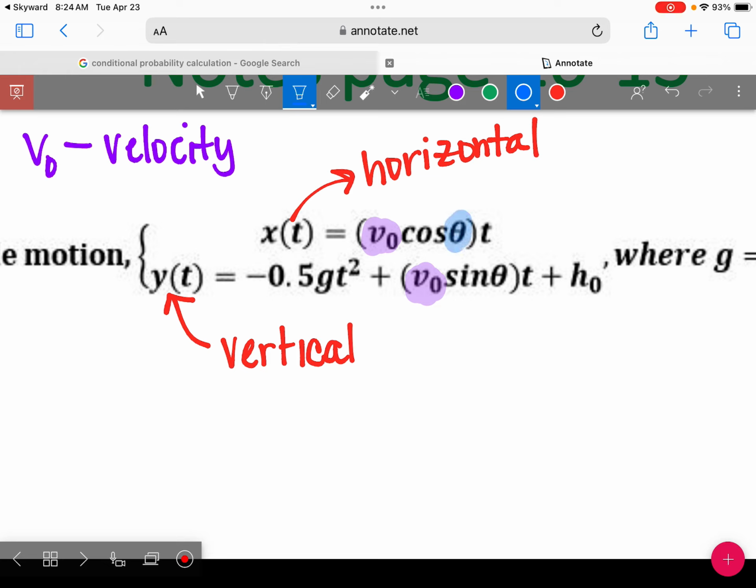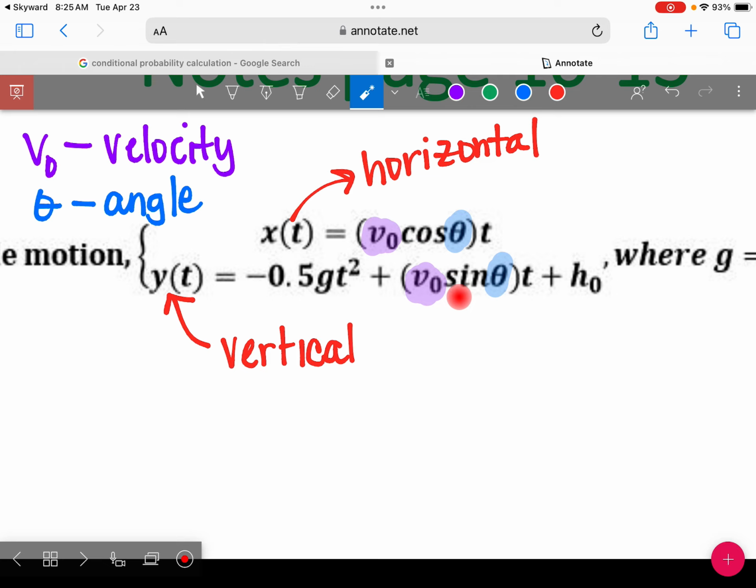And then you see how they both have this theta? That is your angle. That's also going to be given to you. So they both have that. And we all know that x is your cosine. So for x, we're using cosine, and for y, we're using sine.